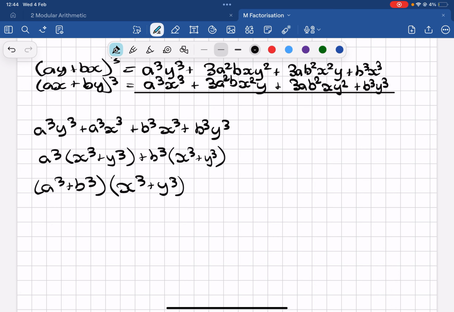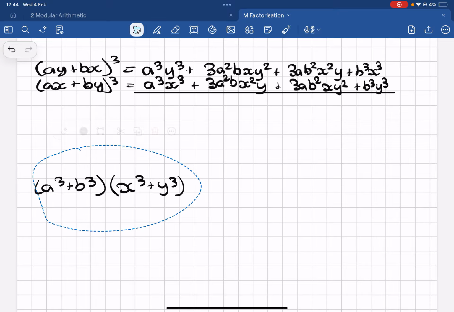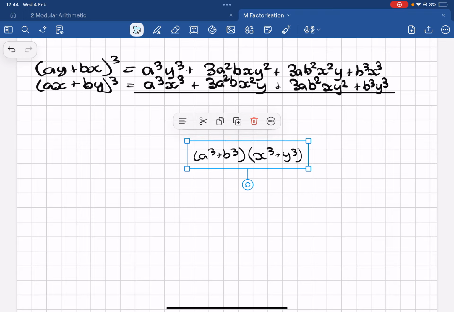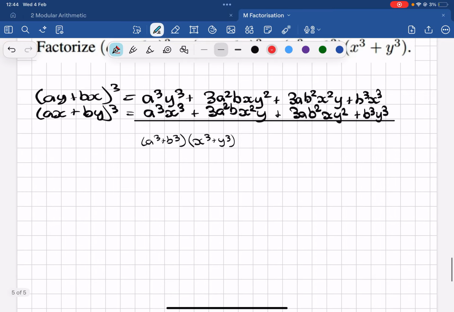Yep, that makes sense. So let's shrink all this and bring this up here. Alright, let's draw a line through the terms we have factorized.